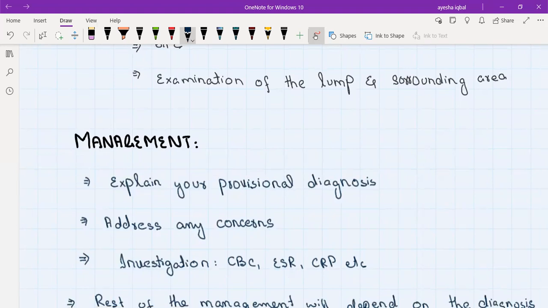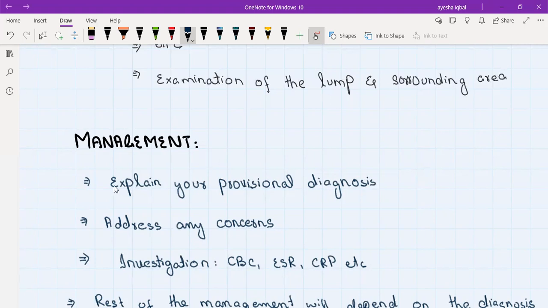So if on examination you find that the lump is hard, on consistency, it is immobile, and the skin is attached to it, then you are suspecting malignancy, right? So the history taking and the examination will give you an idea what the cause of the lump is, okay? And then you will proceed to the management.